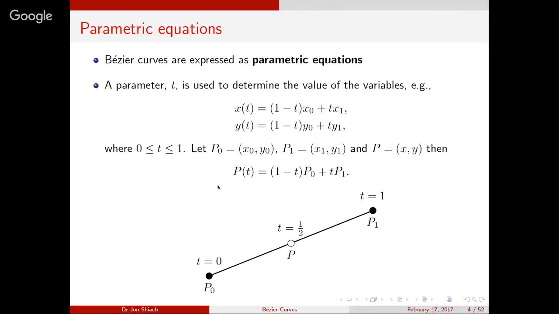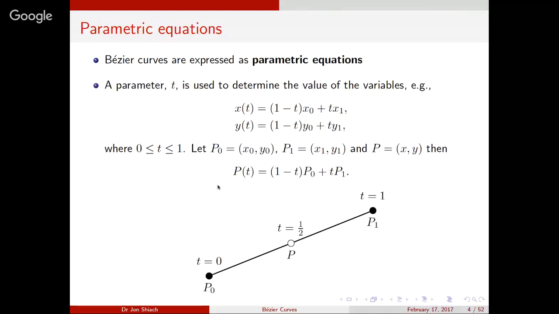Well, that's also the same as (1 minus t) times a plus t times b. So I could write that in that form. That's exactly the same, it's just written in a different form. The reason I've written it on these slides like this is because the derivation of the Bezier curves uses that form. It's nothing new there.